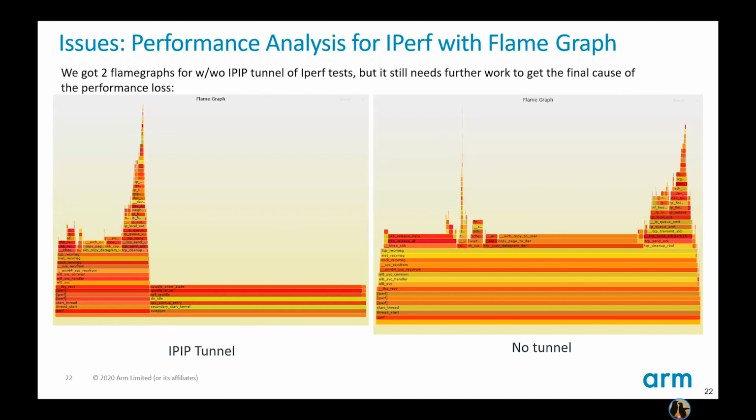For the non-tunnel cases, most of the CPU is used on the transmission and the receiving. So we should find out the final root cause for the problem at a later time, to investigate why the CPU is in the idle state.